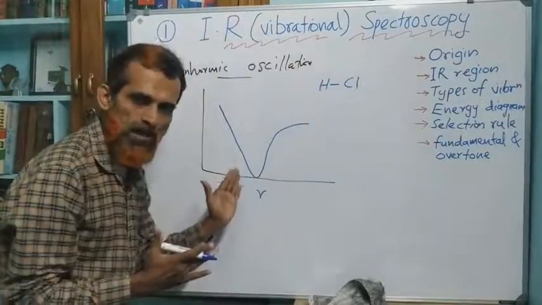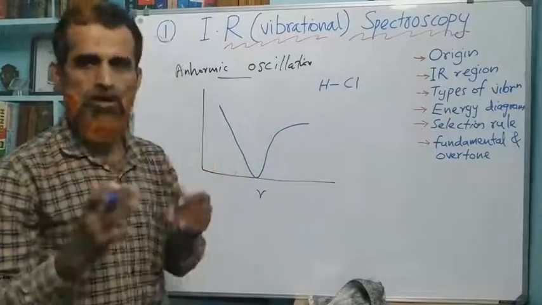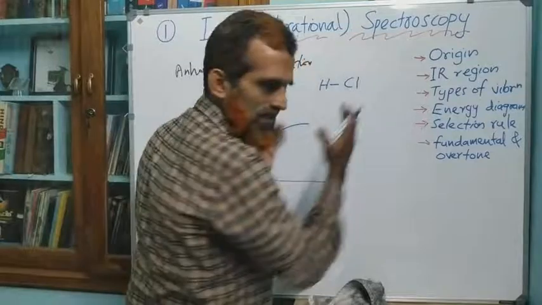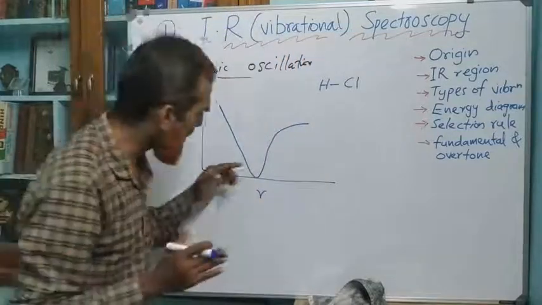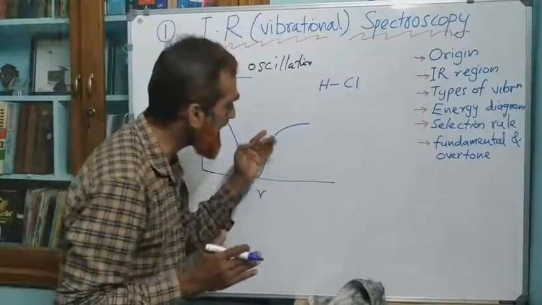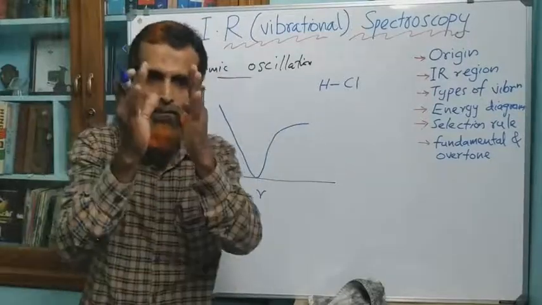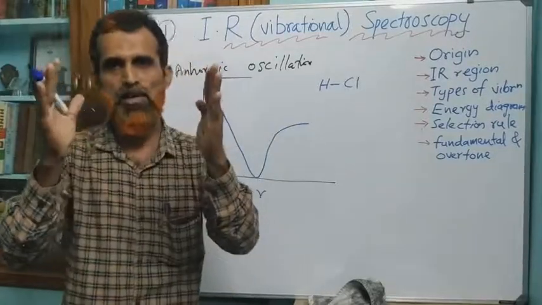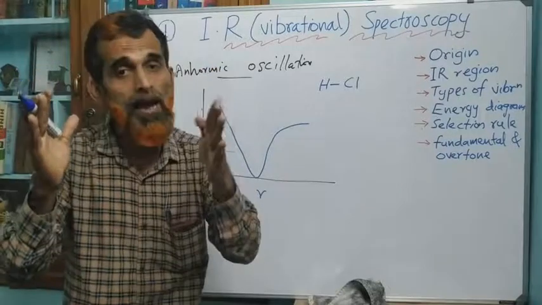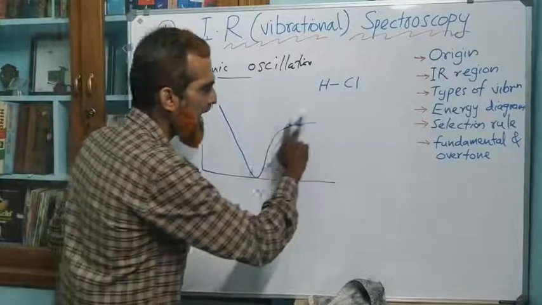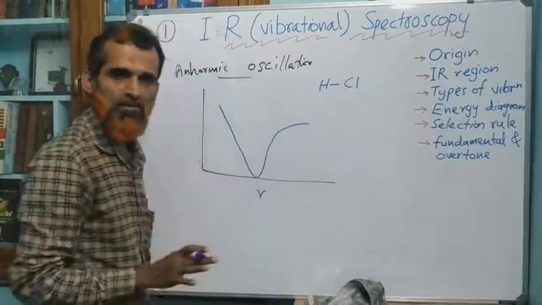This part of the energy curve is not much different. But on this side, when it elongates, what happens? Energy increases, but then it comes to a constant value. Can you say what it is? When a bond is stretched, elongated, what could happen? It can dissociate. The bond can break and then the energy comes to a constant value.